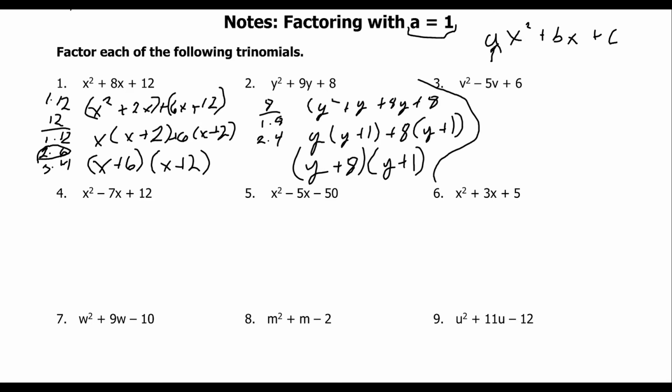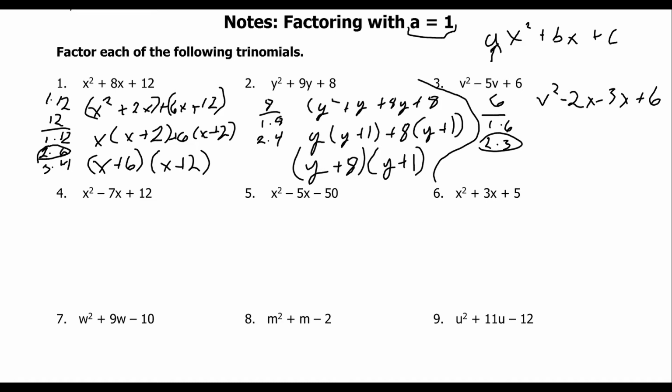So we can go 6 broken apart, that's 1 and 6, 2 and 3. 2 and 3 combine for 5, right? So we can go v squared minus 2v minus 3v plus 6.